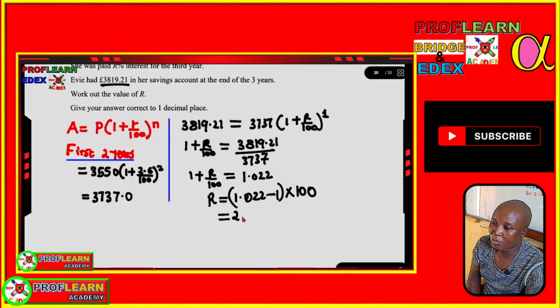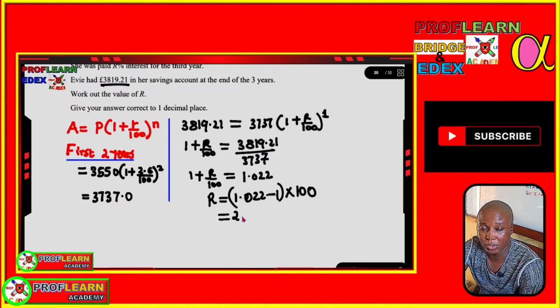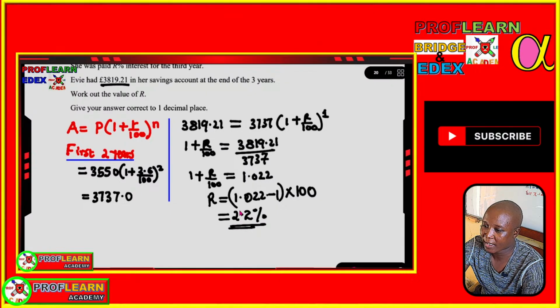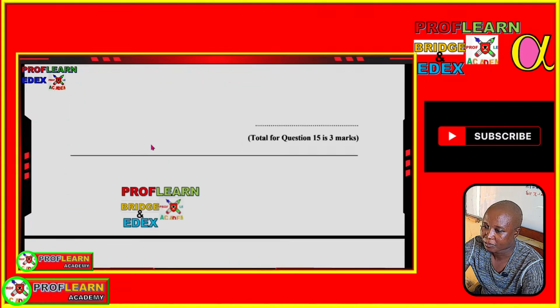And then because she was also given an interest of R for another 1 year, we are going to use 37 as the initial amount in that particular case, so that we can get the value of R as 2.2%.